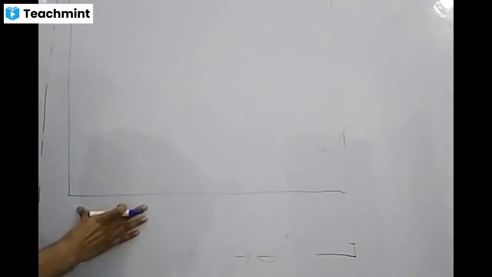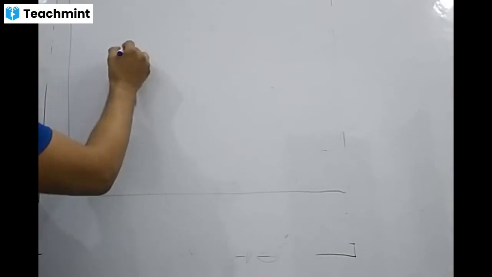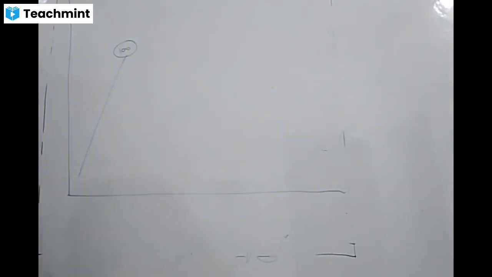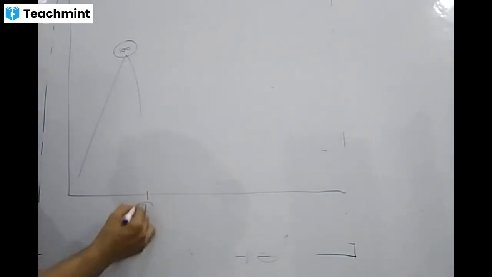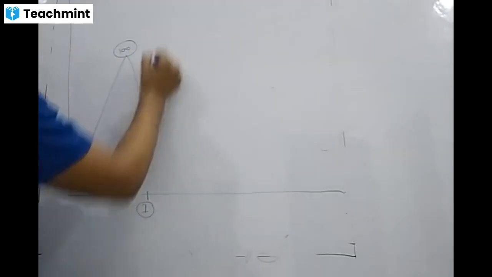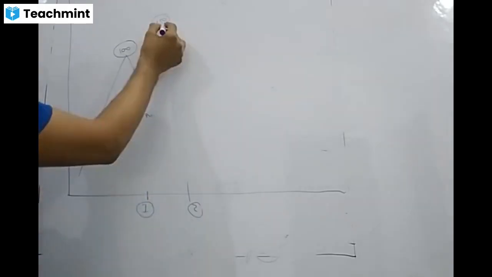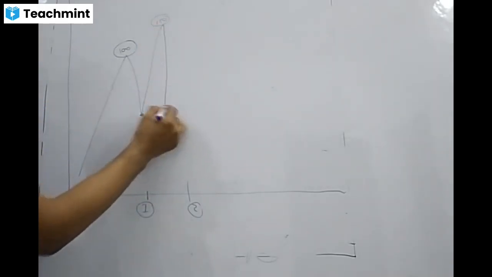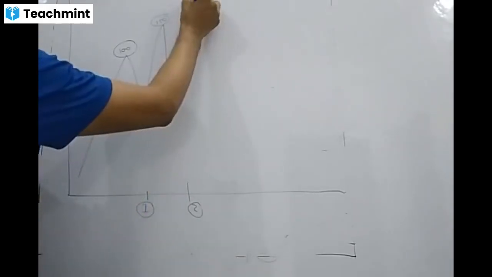What does it mean? Suppose I draw a graph, and on this side, half-life. First time, if I give 100 units of drug, then in the first half-life it will become 50. Again I give 100, it will become 150. In the next half-life, it again becomes half, that is 75. Again if we give 100 plus 75, it becomes 175.